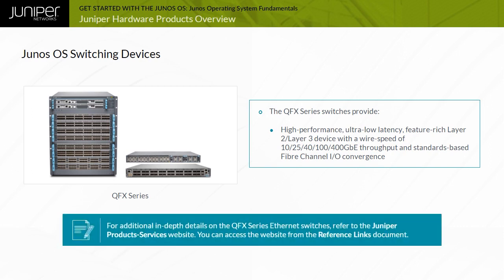For additional in-depth details on the QFX series Ethernet switches, refer to the Juniper Products Services website. You can access the website from the reference links document. For more information about all of Juniper's switching devices, refer to the Juniper Products Services website. You can access the website from the reference links document.